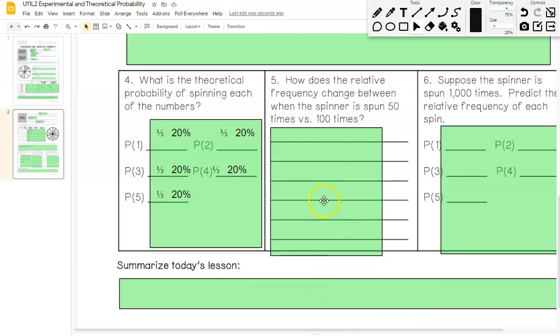Well, we know that the experimental probabilities will approach the theoretical probabilities. Or we can call those experimental probabilities the relative frequency.